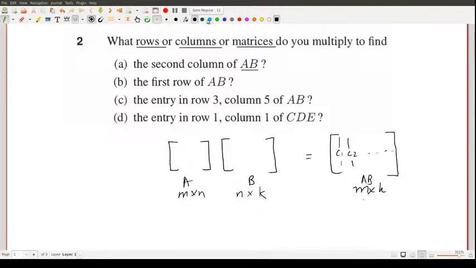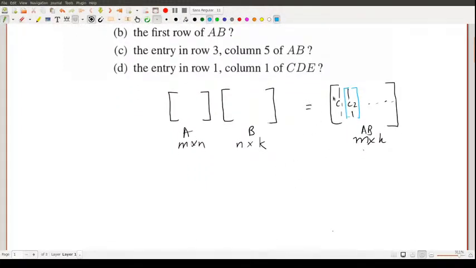The question is, what do I need to multiply to get this one? This is easy to do if we view this matrix product as producing different columns, taking linear combinations of different columns of A with respect to B.